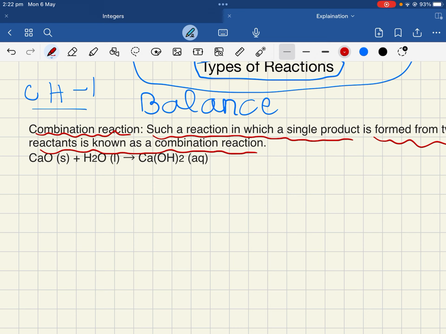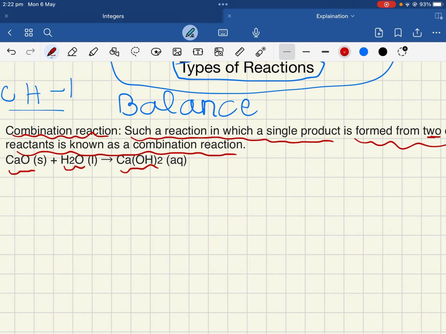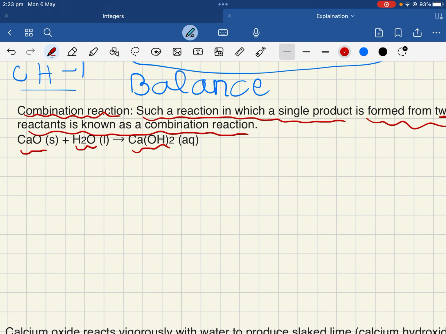This is calcium hydroxide in the aqueous form. From two or more reactants, we have two reactants, calcium oxide and water. These two are combining in one to form calcium hydroxide. Thus this is known as combination reaction.